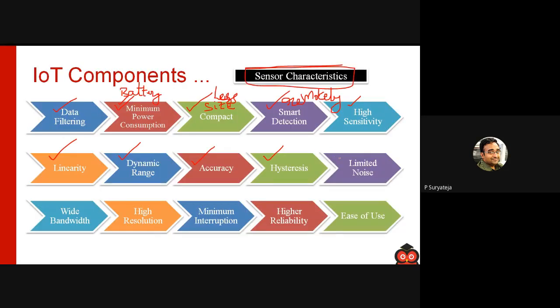And then limited noise. Every sensor, because of its mechanical properties or electrical properties, has something called white noise. No sensor can be said to not have any noise problem.